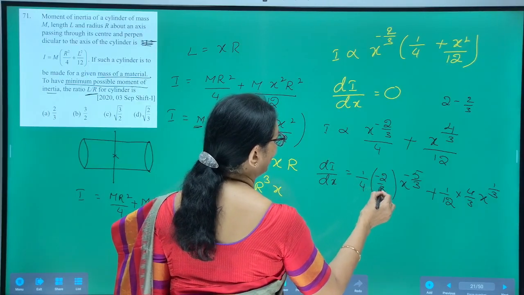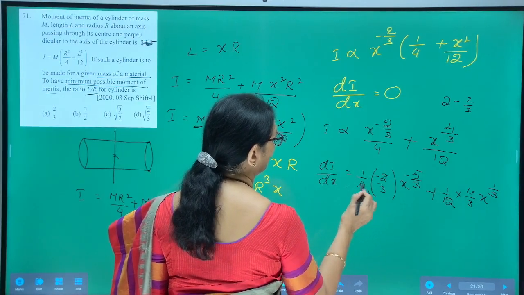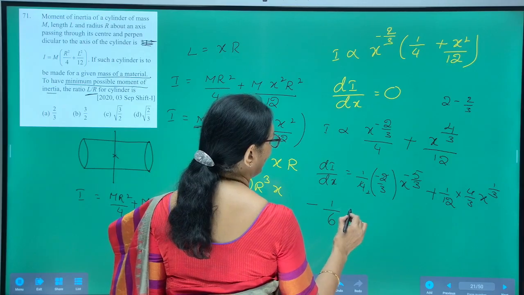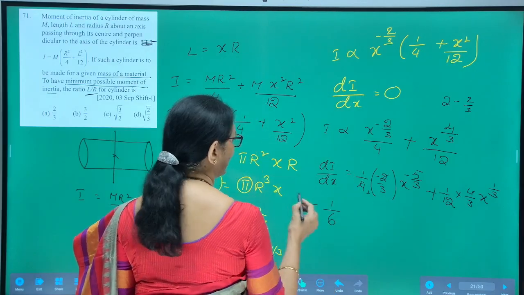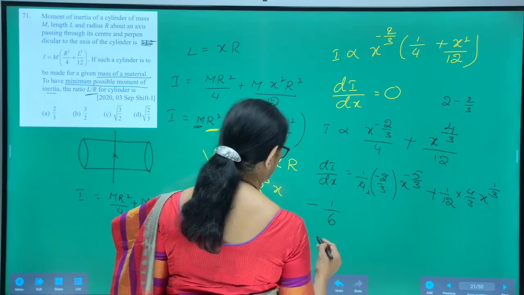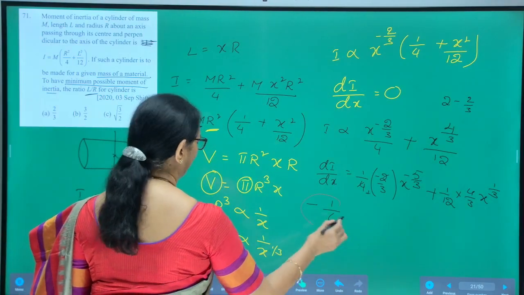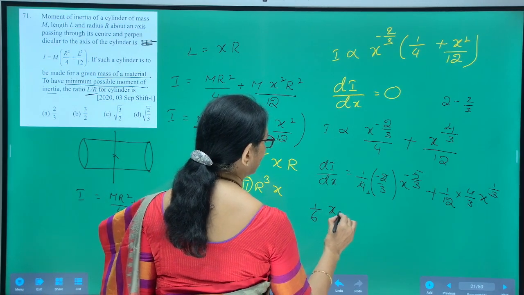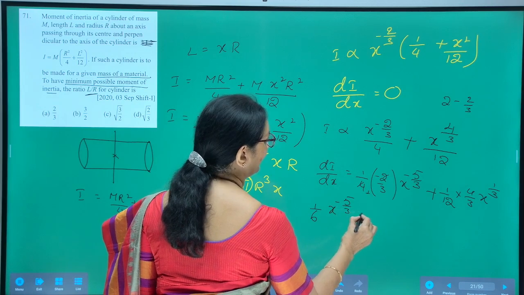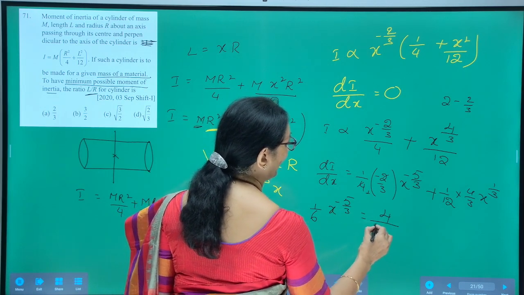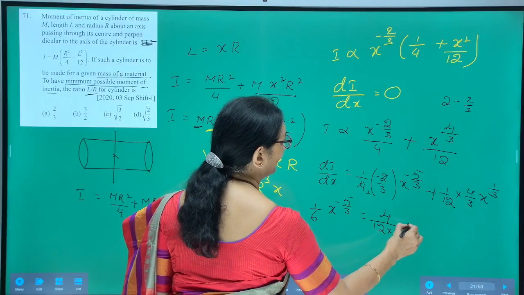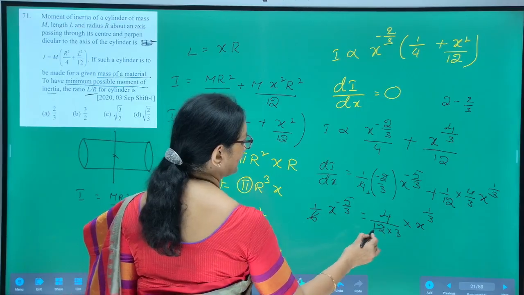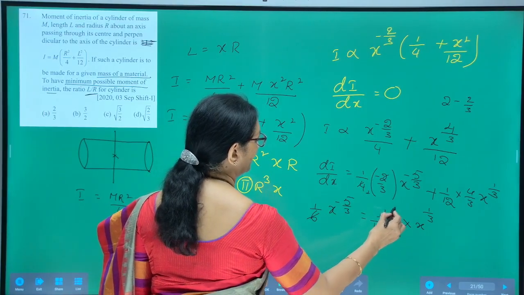The 2 gets cancelled, giving minus 1 by 6. If you equate this to 0, you will be getting 1 by 6 x to the power of minus 5 by 3 is equal to 4 by 12 into 3, x to the power of 1 by 3. So, 6 gets cancelled.